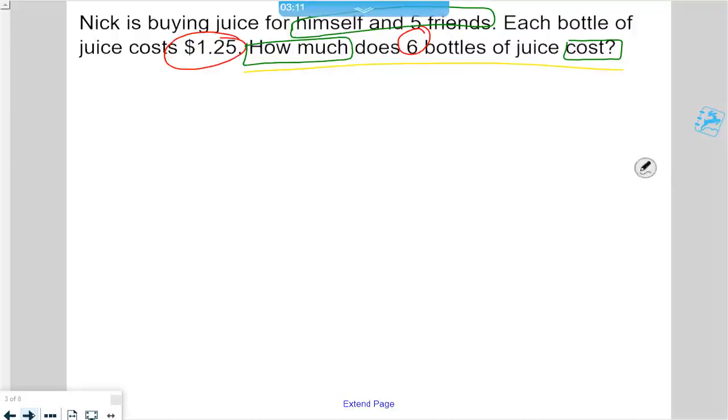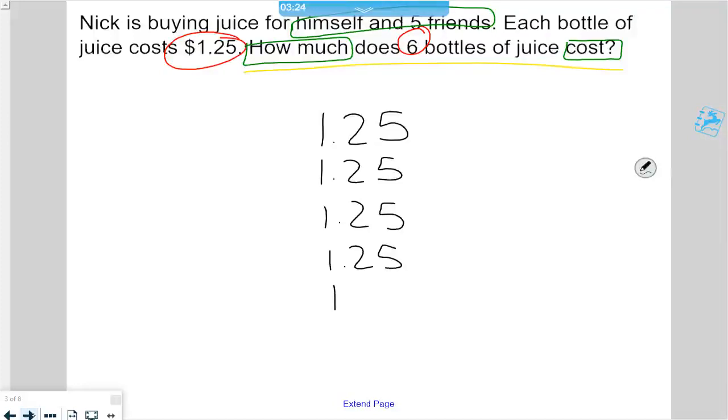Well, if we're going to do it, there's 1, 2, 3, 4, 5, 6. 5, 10, 15, 20, 25. I hear that 6 and I write a 6. 1.25. 5, 10, 15, 20, 25, 30.